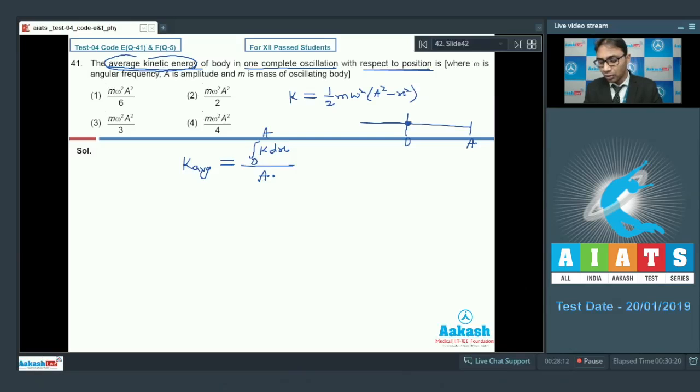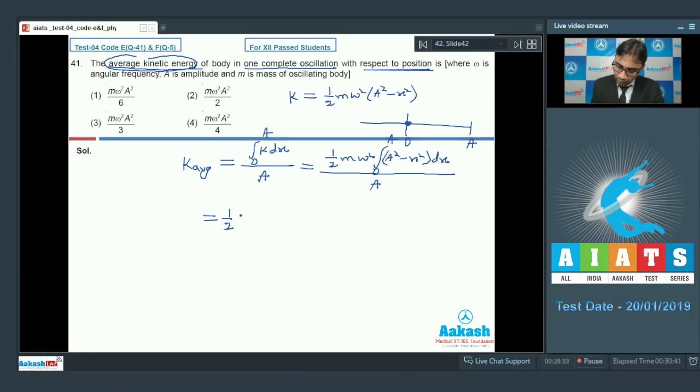That will be a. So if I put the value, we will get half m omega square. Since it is a constant, it will come out of integration. You will get a square minus x square dx from 0 to a, whole divided by a. So we can write half m omega square by a, square dx minus x square dx from 0 to a.